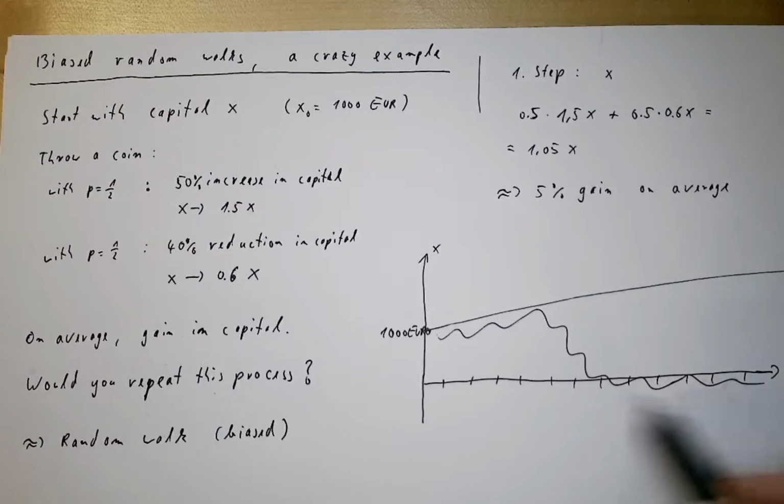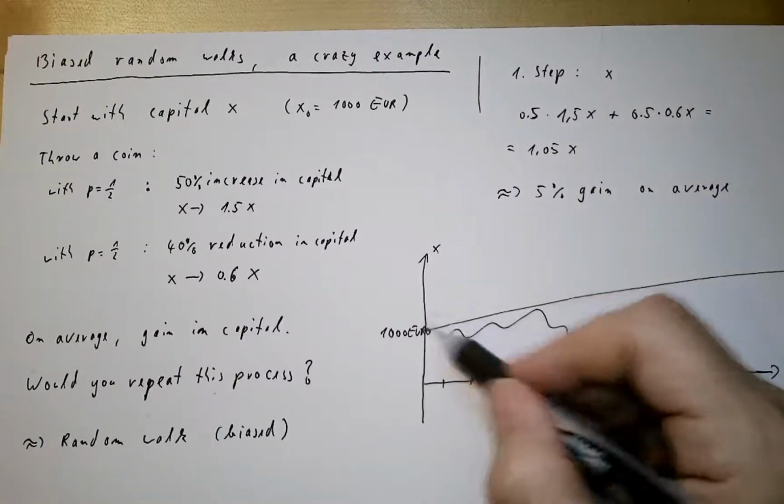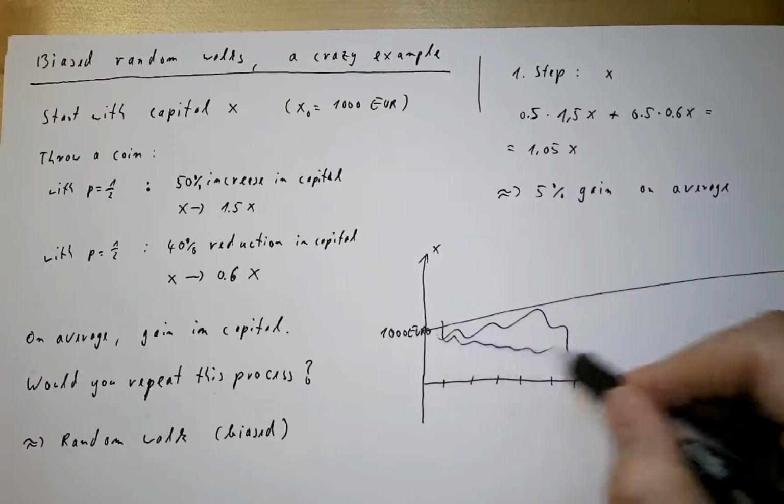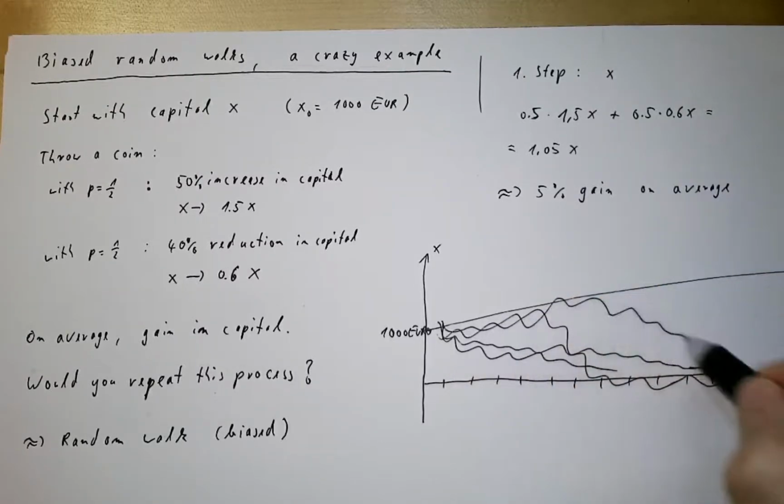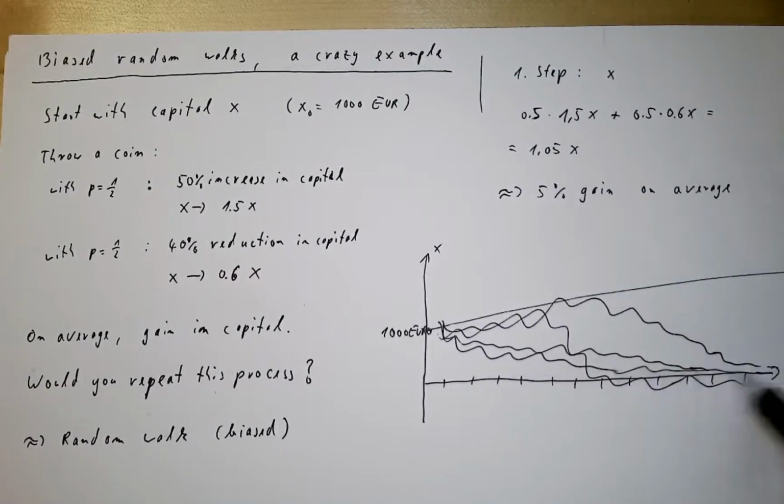It can never get negative, but if you simulate the random walk, your money always goes to zero after a long time.